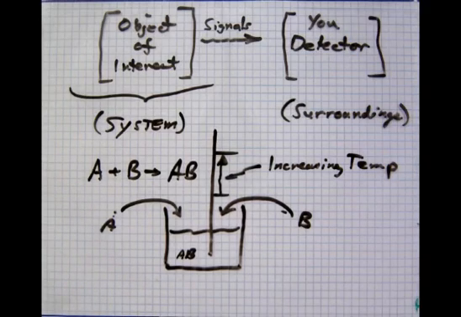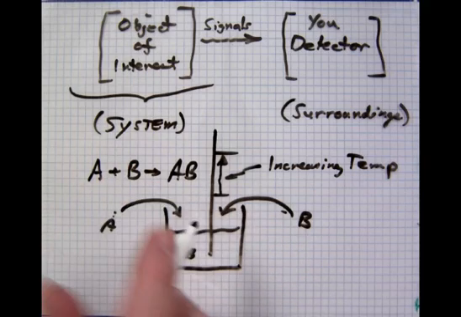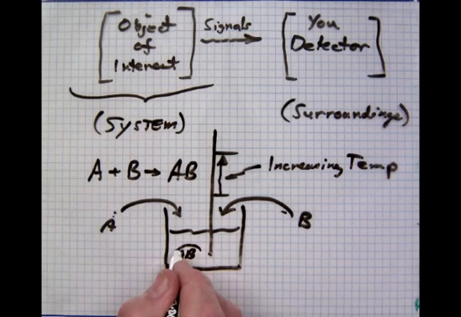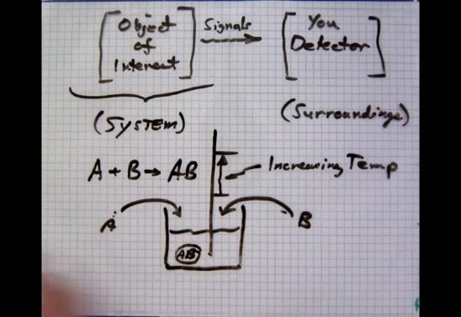The hard part for students to get comfortable with is, in this setup that I've drawn, what's the system and what is the surroundings? The system, or object of interest, is the formation of AB.